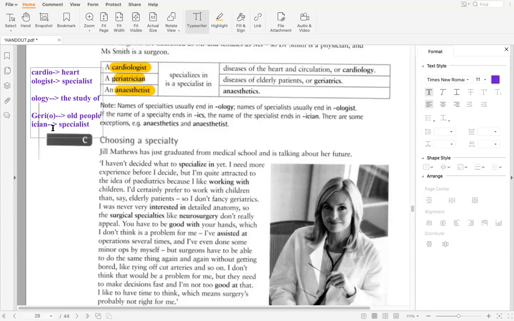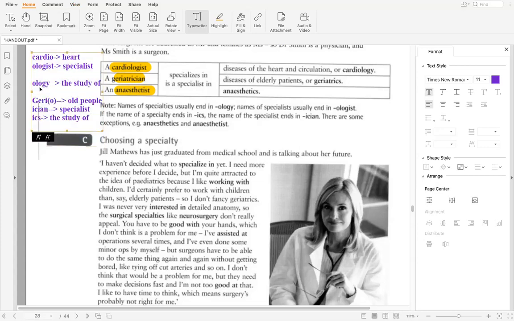So geriatrician is a doctor who is specialized in the diseases of elderly patients, right? And the noun is geriatrics. The ics refers to the study of. Right? So we have ology means the study of, and we have ics means the study of.